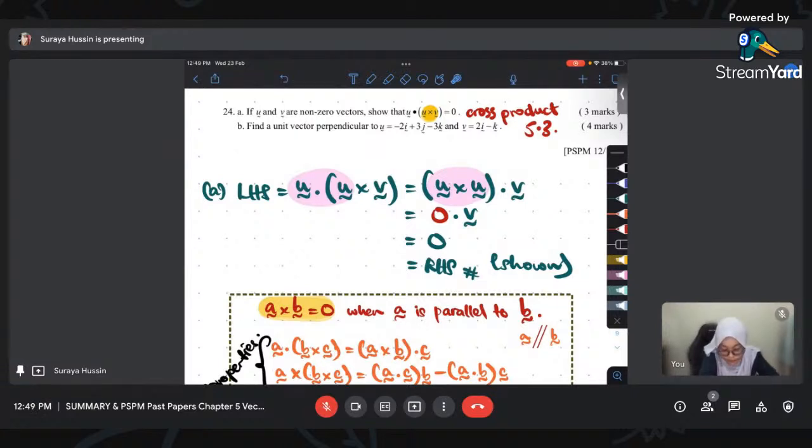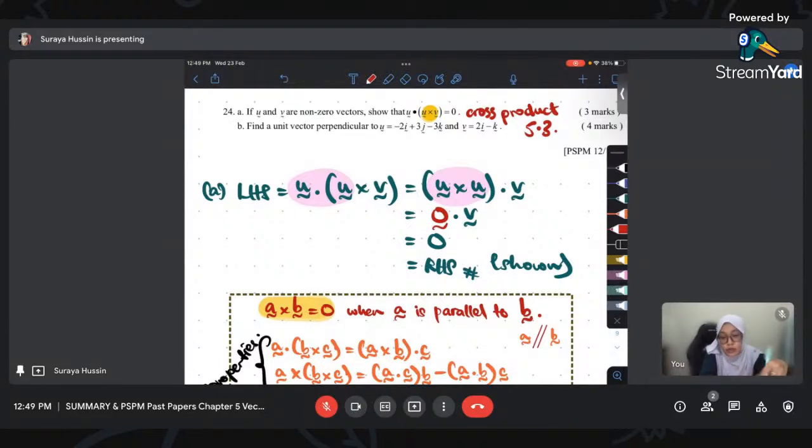And so dalam cross product punya properties, vector U cross vector U dia balik. Okay. Dia akan bagi kamu zero vector. Memang macam tu. You tak percaya, you masukkan nilai dan you cari, you akan dapat zero vector. Okay.